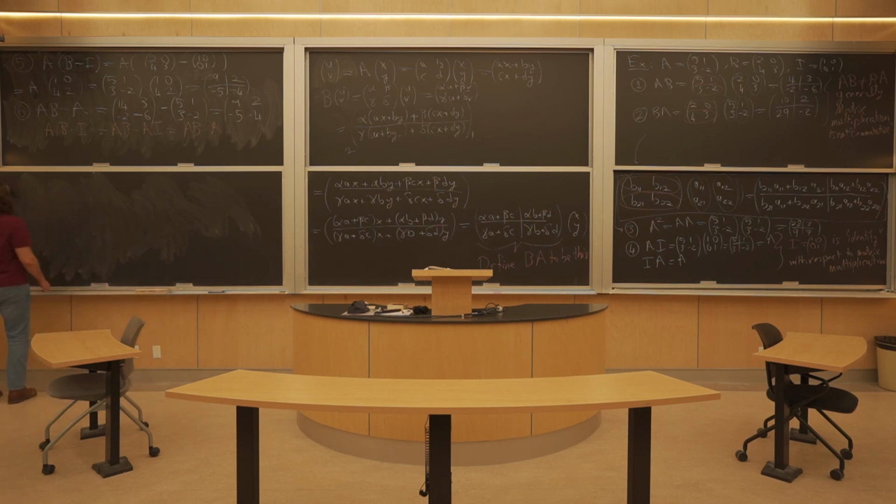So for A and B, 2 by 2 matrices, their commutator is by definition the following 2 by 2 matrix.